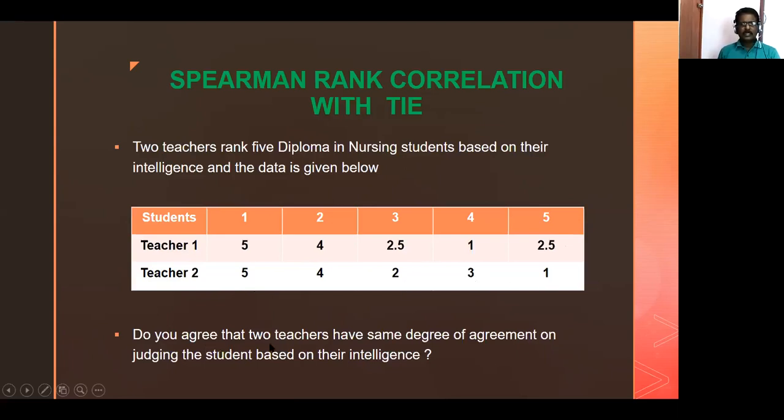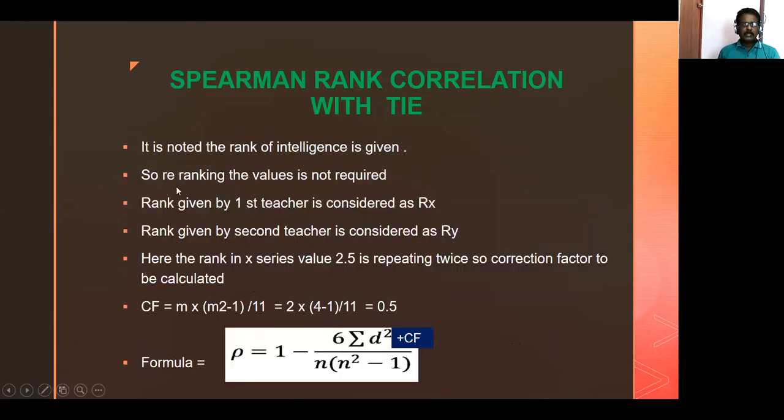Do you agree that the two teachers have the same degree of agreement on judging the students based on intelligence? This is the question. See, there is no value here. The teachers already gave the rank, so it is noted that the rank of intelligence is given. So re-ranking the values is not required.